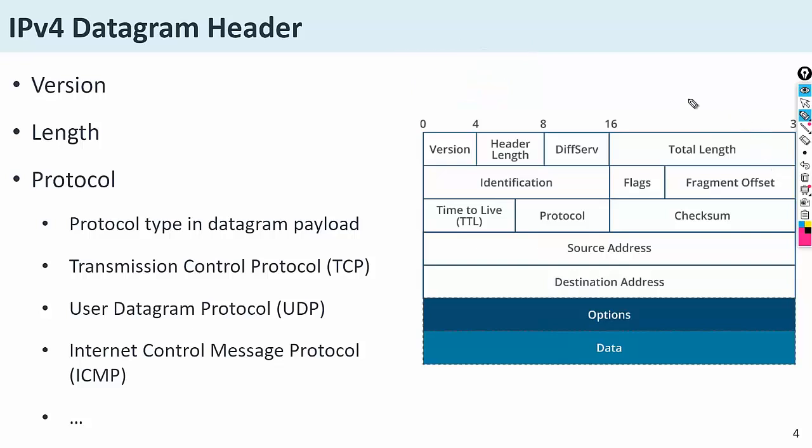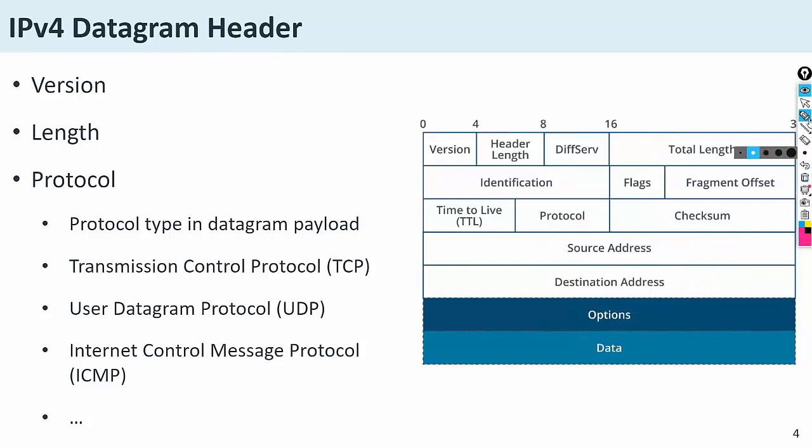If we explain the header, it has the version, header length, differentiated services, total length, flags, fragment offset, identification, TTL value, protocol, checksum for checking, and also the source IP address and the destination IP address. So we are focusing on the source address and the destination address.